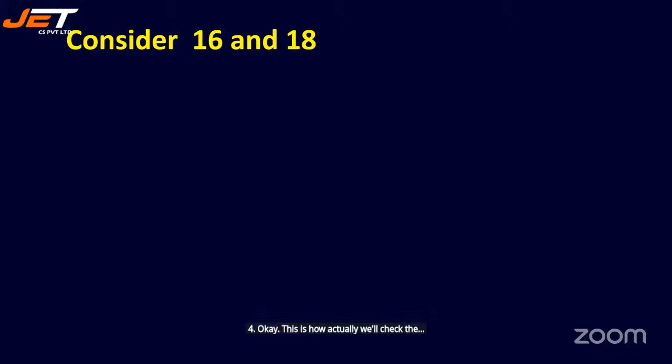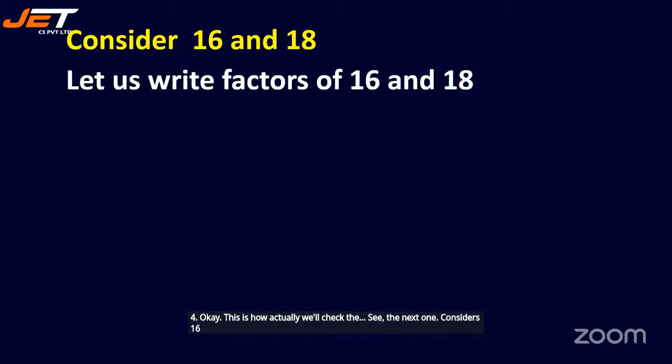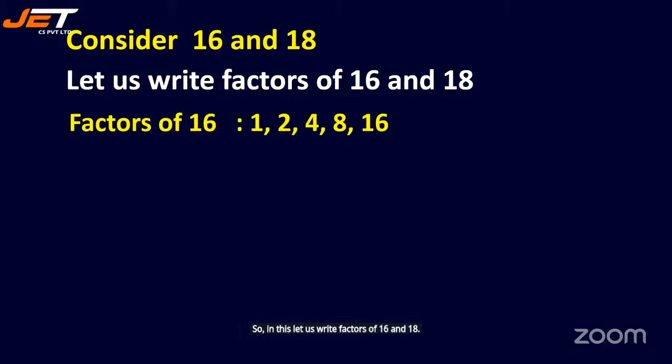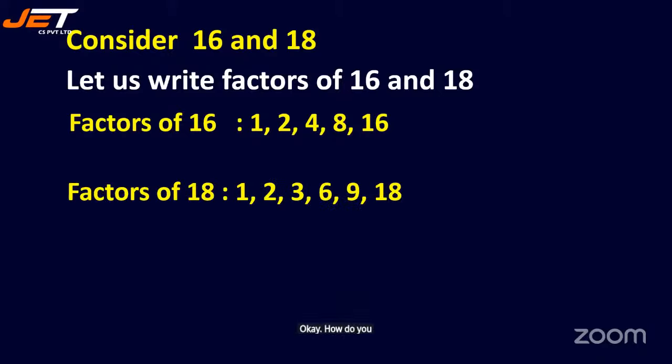See the next one. Consider 16 and 18. Let us write the factors of 16 and 18. How do you write the factors of 16? It is 1, 2, 4, 8 and 16. How do you write the factors of 18? 1, 2, 3, 6, 9, and 18.